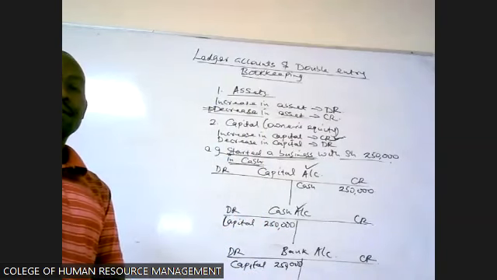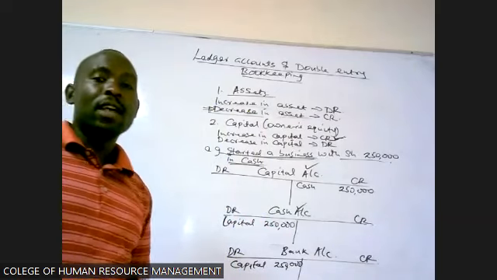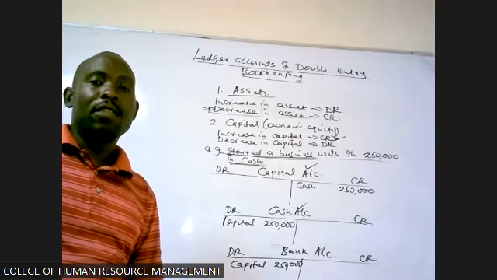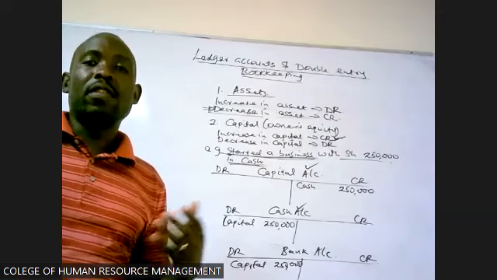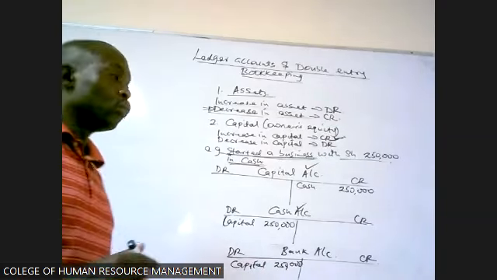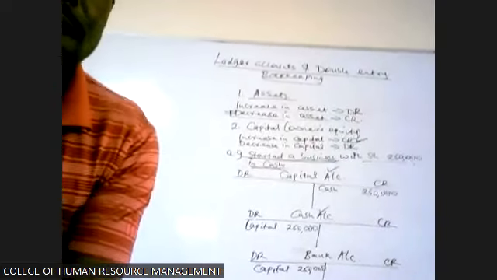And in some cases, the owner can bring in capital in form of a fixed asset or a non-current asset. The owner can decide to bring in personal furniture into the business. So what you do, you open that asset account. It is very common.